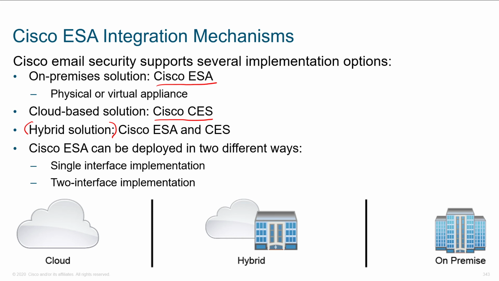And when we deploy them, there's a couple different ways that we can deploy. I typically use two interface, but there's also a single interface. We'll get into that in a couple slides. Just realize for looking at your company, if this is something that you're trying to plan to do, there's physical and virtual appliances. That opens it up a lot when you talk about a cloud-based solution. Is it something that you want to host on a private cloud?